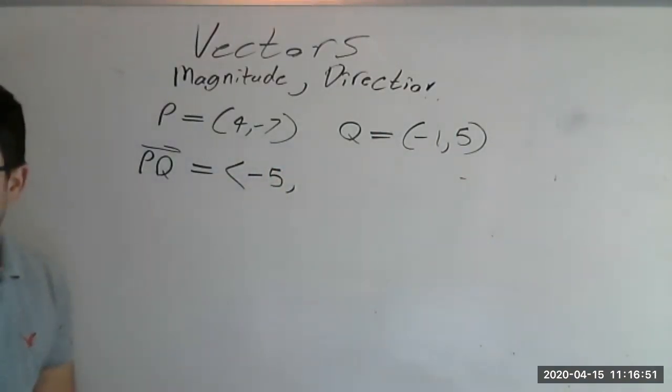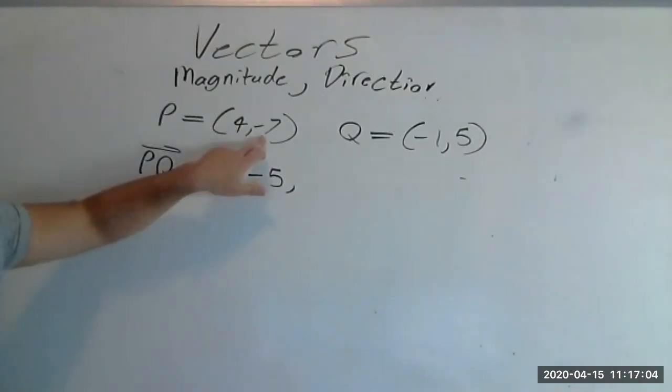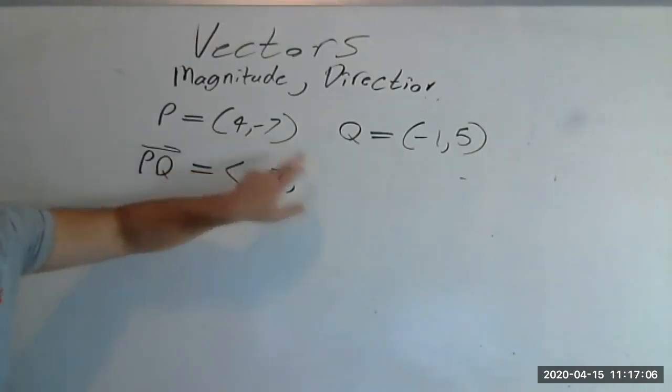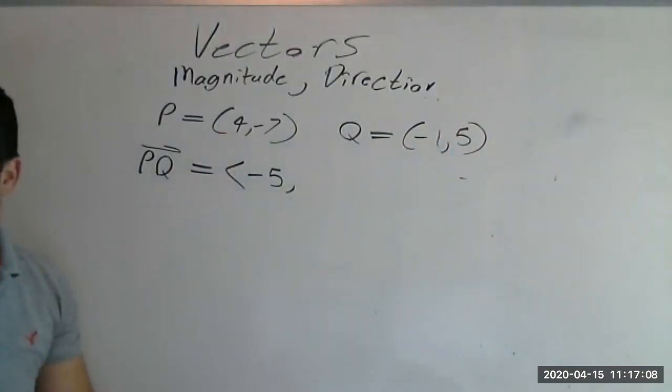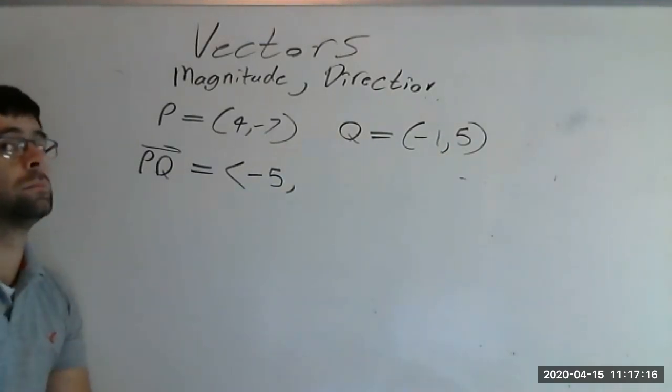What about for y? What is the y component? +9. So we're going from -7 to +5, which is what? Positive 9.